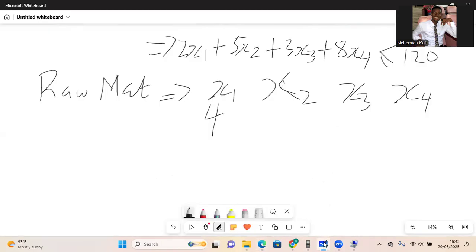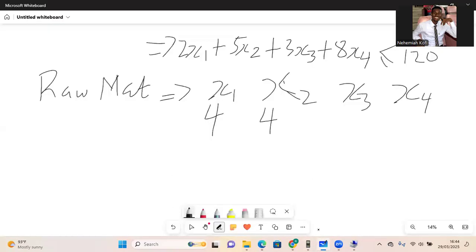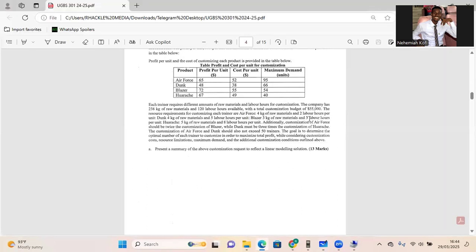So 4. Now the next one, Blazer, is having what? 3 kg of raw materials. So 3. Now the next one, Hierarchy, is having what? 5 kg of raw material. So 5.